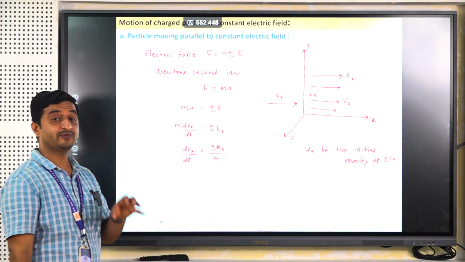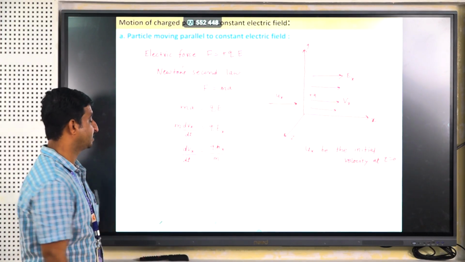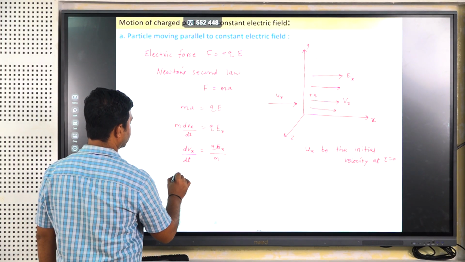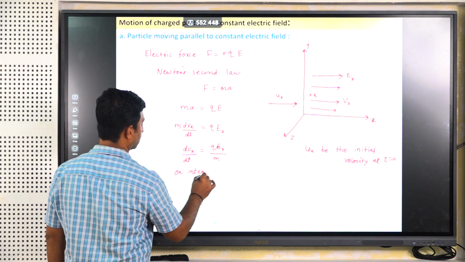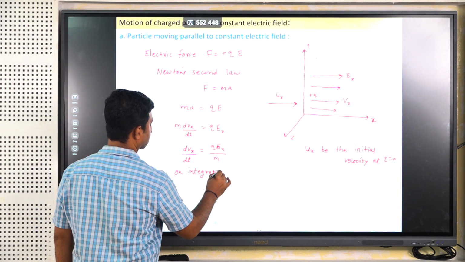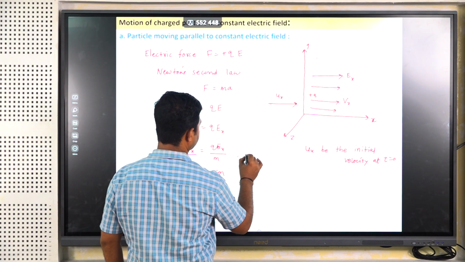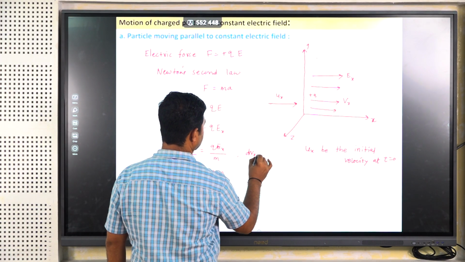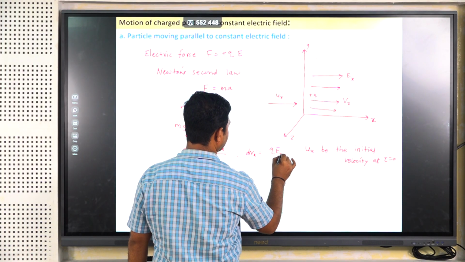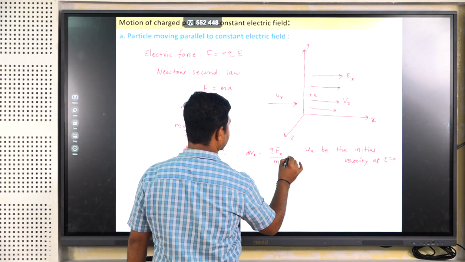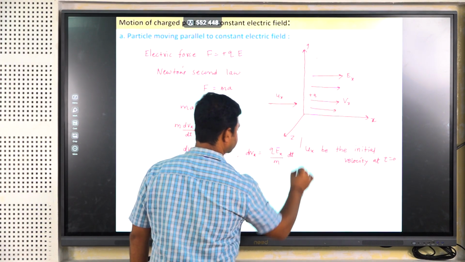We have to find out what is the velocity of that charged particle in the electric field. On integration, we can write here one step: dvx is equal to qEx upon m multiplied by dt.